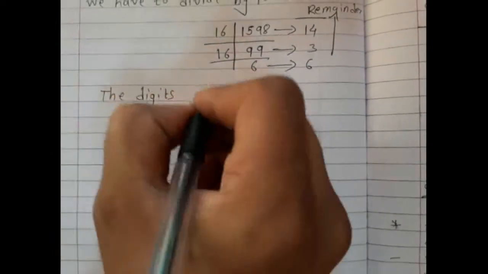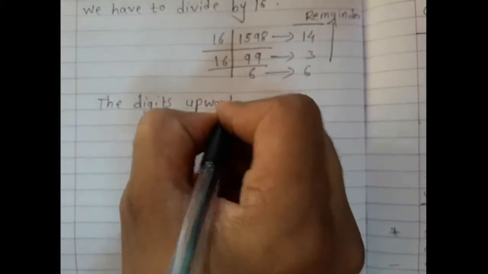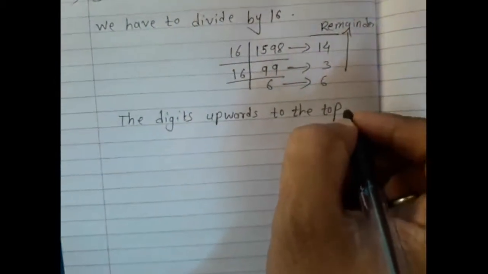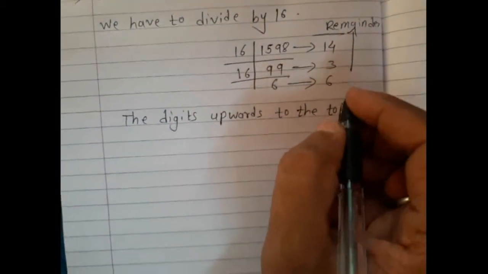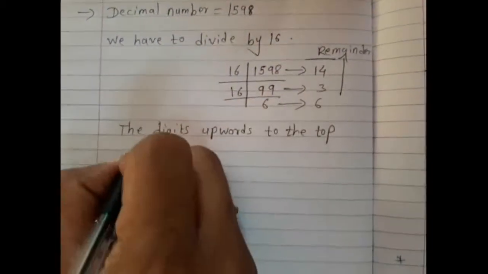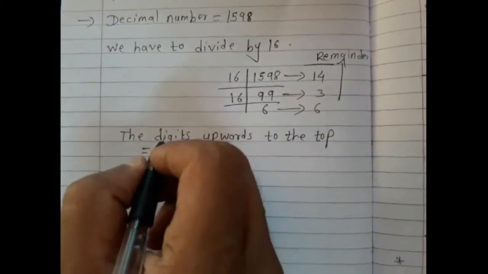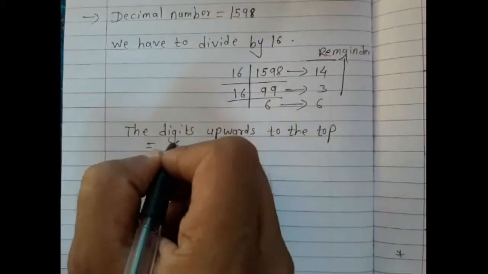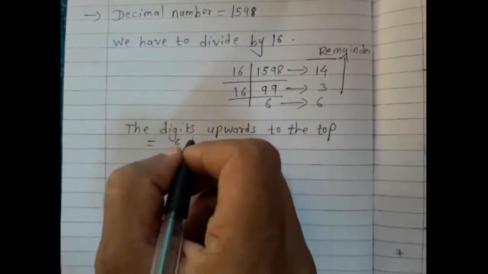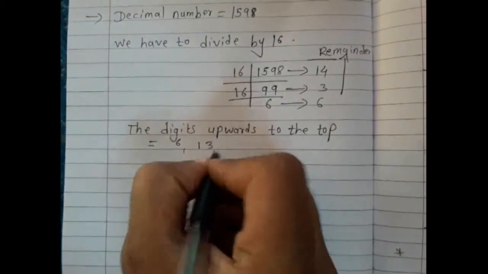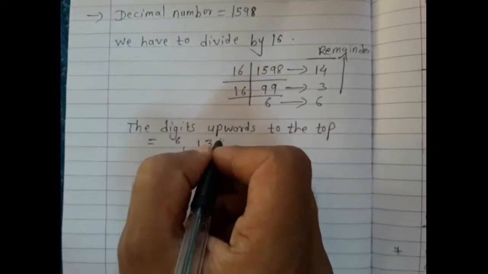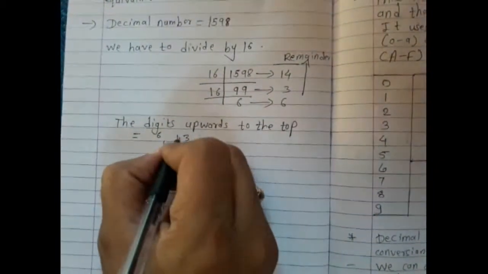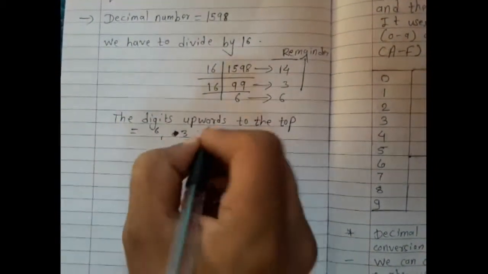The digits upwards to the top is equal to 6, 3, 14.